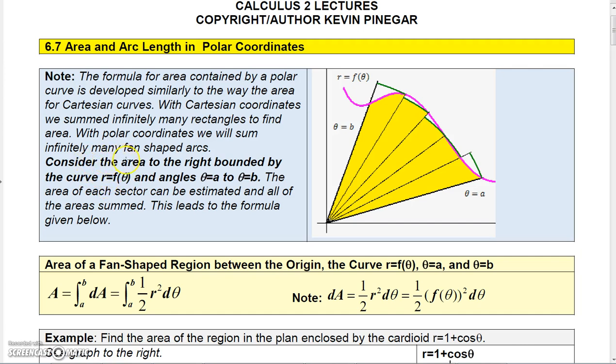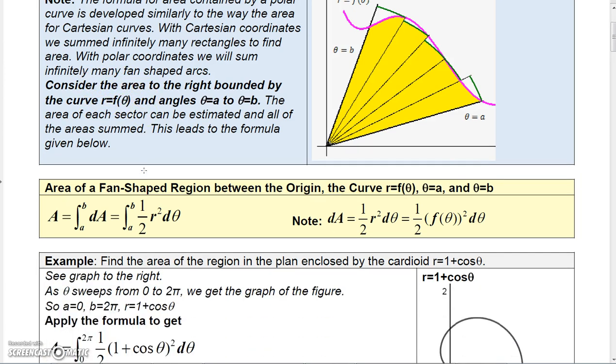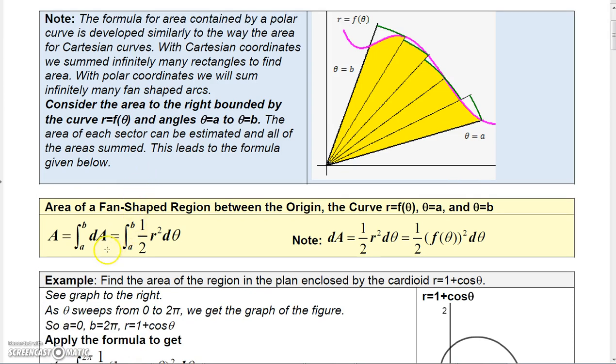So the formula for this is the area of a fan-shaped region between the origin, the curve r equal f of theta, and theta equal A and theta equal B, which is what we have up here.